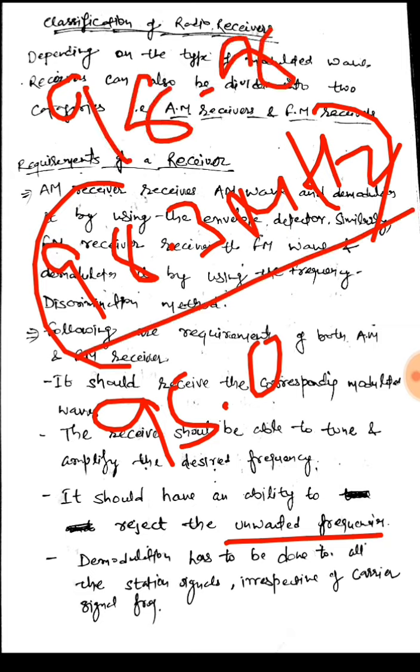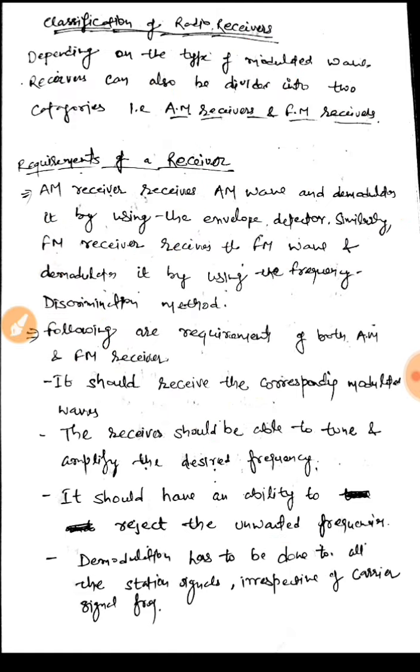It must only get the frequency which we need to receive. And demodulation has to be done for all the station signals irrespective of the carrier signal frequency. So these are some of the requirements.